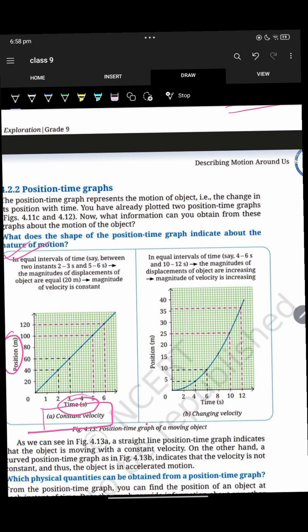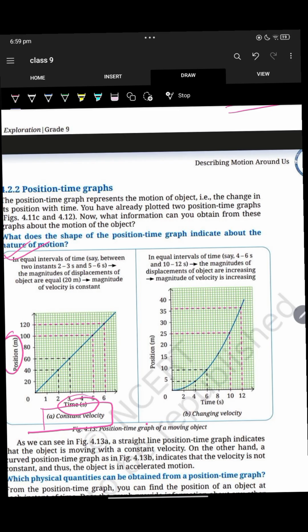It is a changing velocity. No more a constant velocity. It is a changing velocity. So how do you interpret the plot? In the first one, you can see for the distance time plot or the position time plot that the velocity is constant. Okay.